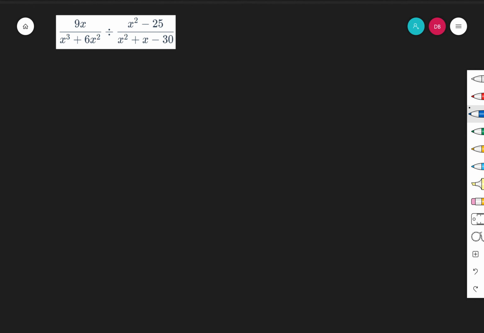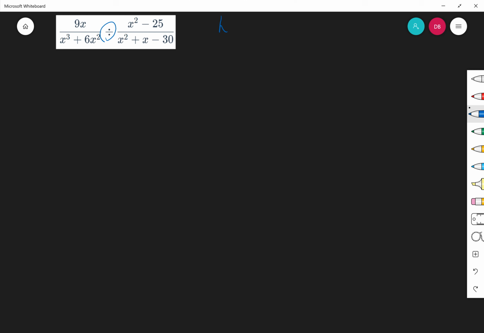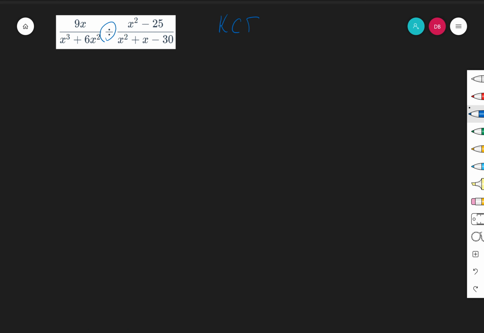Okay, so here we have a division problem, as indicated by the division sign. So that means we need to keep, change, and flip. So we keep our first expression the same, 9x divided by x to the third plus 6x squared.